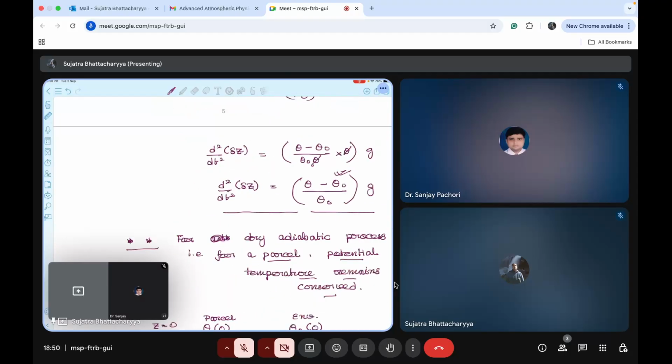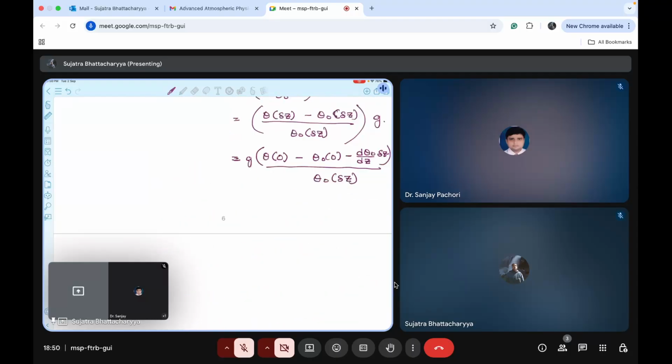So at the surface, this is important: theta of 0 is equal to theta naught of 0 because the parcel has started from the same environmental condition.